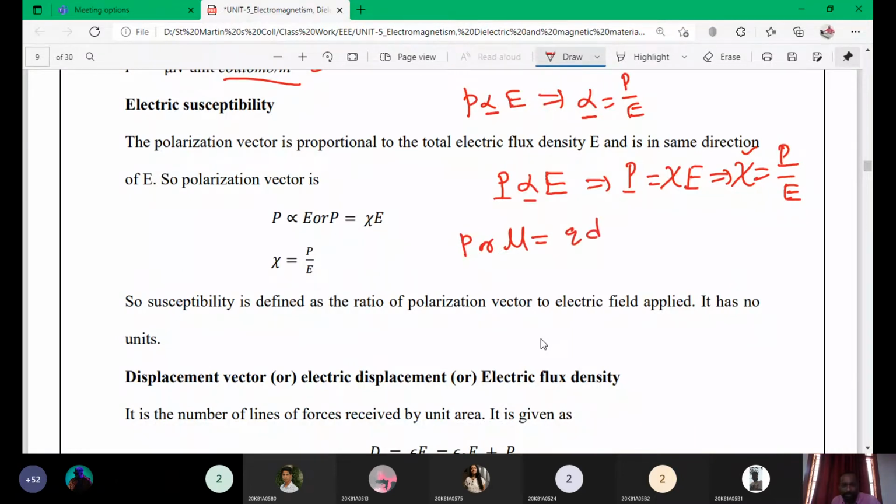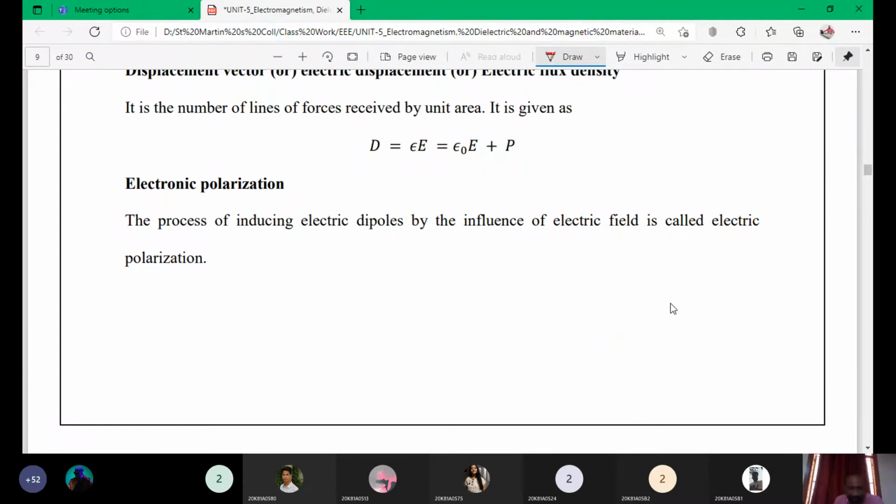Next one, dielectric constant, the ratio of the medium's permittivity to the permittivity of free space. And polarization is the dipole moment per unit volume.